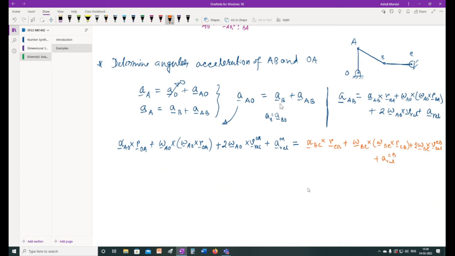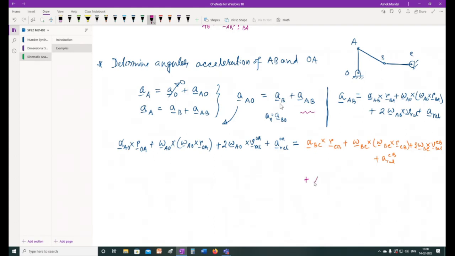Now tell me what this component is. This one. What will the term be?